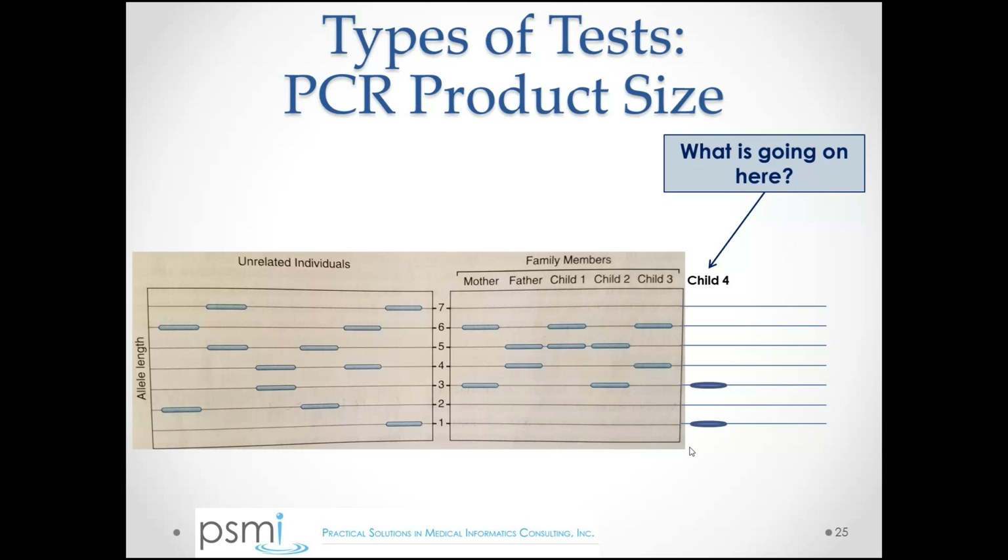So the variable number of tandem repeats don't have nearly as much polymorphism, and SNPs don't have nearly as much polymorphism. At a particular nucleotide in your genome, some people might have an A and some people might have a G. So there's maybe 2 choices. But at each one of these short tandem repeat spots, there could be 8 or 9 or 10 different polymorphisms.